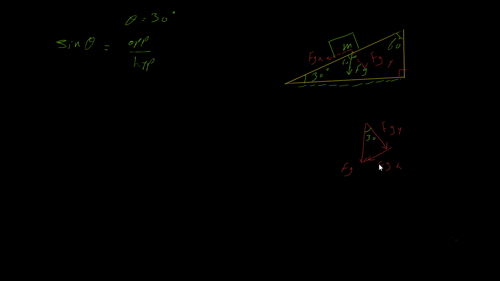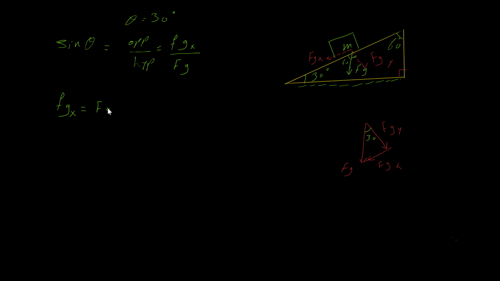Here, Fg x is opposite, and the hypotenuse is basically Fg. If we are looking for Fg x, we will have Fg multiplied by sine.